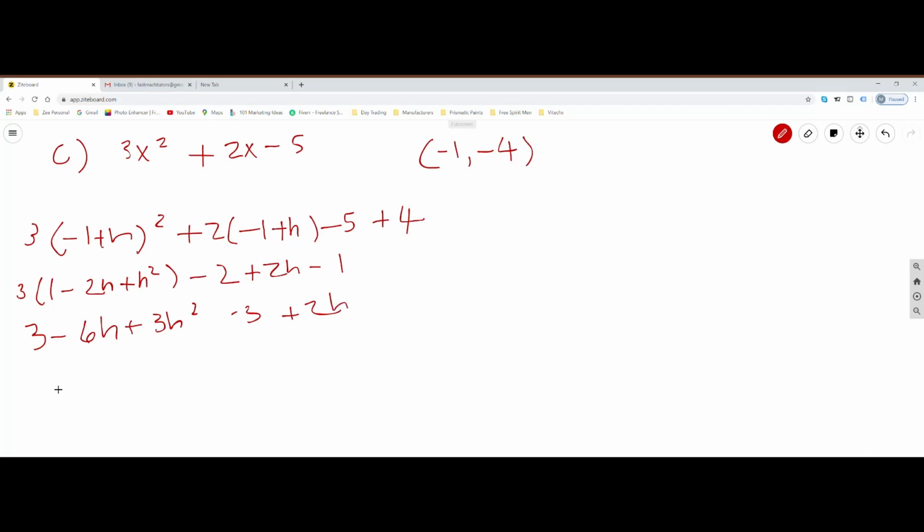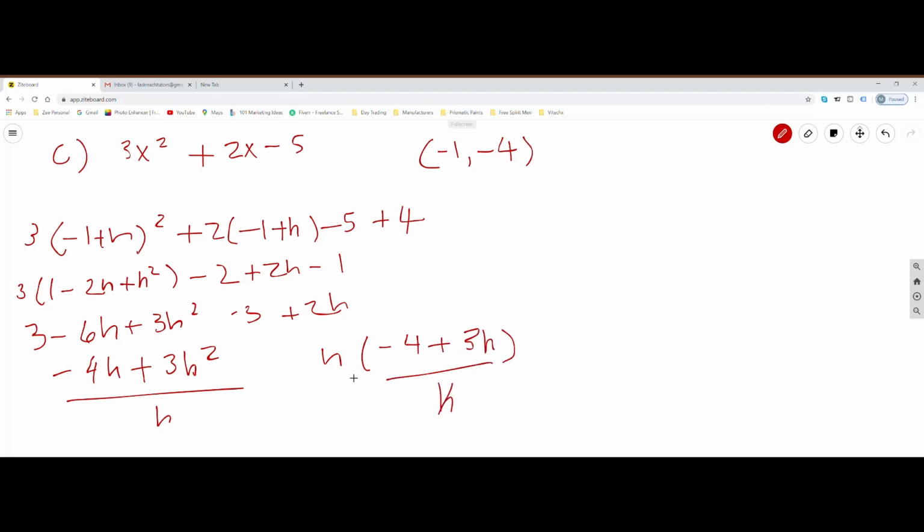I have negative 4h plus 3h squared over h. Take out common h, so negative 4 plus 3h over h. So you're left with negative 4 plus 3h. When you substitute h equals 0, you get negative 4.